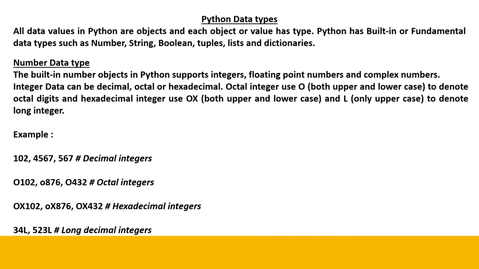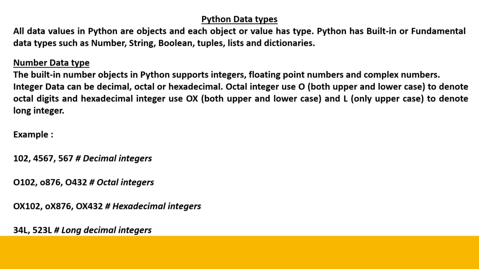Python data types. All data values in Python are objects, and each object or value has a type. Python has built-in or fundamental data types such as number, string, boolean, tuples, lists, and dictionaries. First, let us see about the number data type. What is a data type?